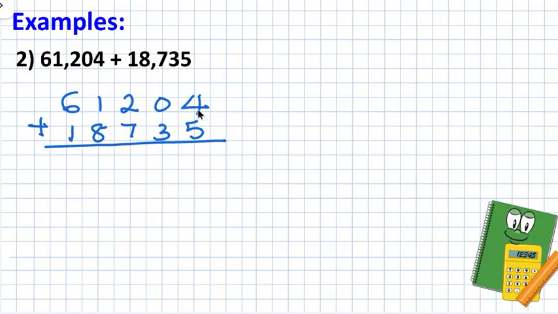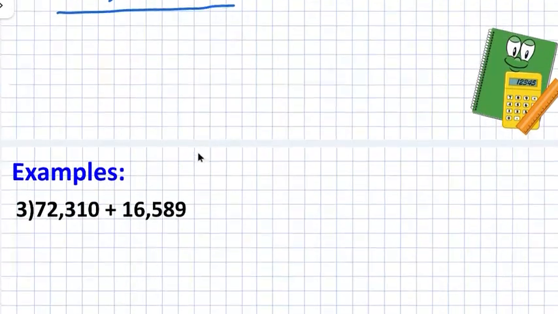In the first column, you have 4 plus 5, which is 9, 0 plus 3, which is 3, 2 plus 7, which is 9, 1 plus 8, which is 9, and 6 plus 1, which is 7. So our answer is 79,939.